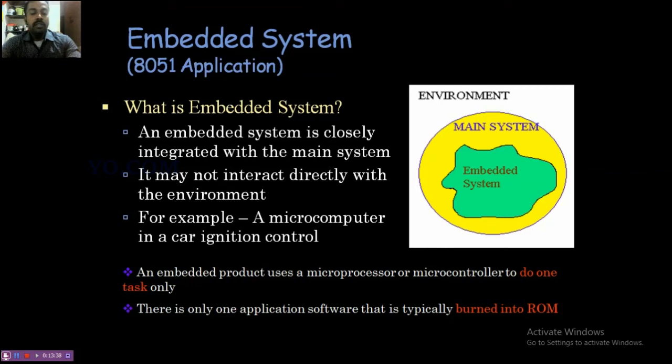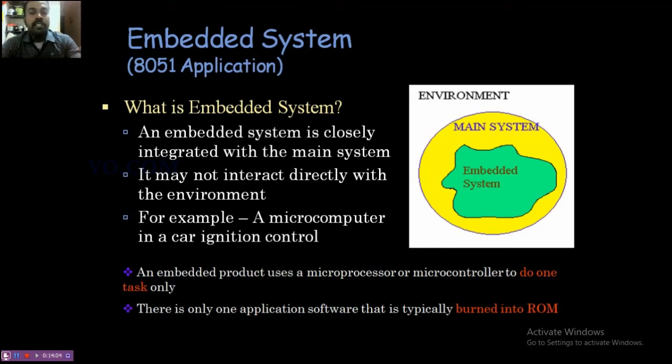By using the embedded system we can control any one of the applications. But in our computer we can do Microsoft Office, Photoshop, etc., so many applications. The computer performs different operations, but the microcontroller performs only one operation.